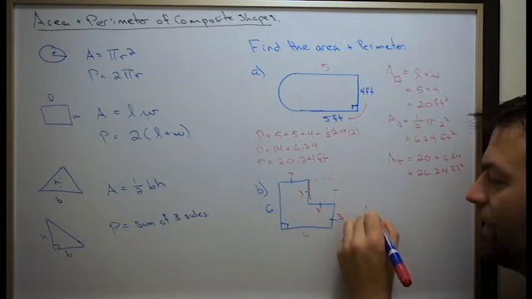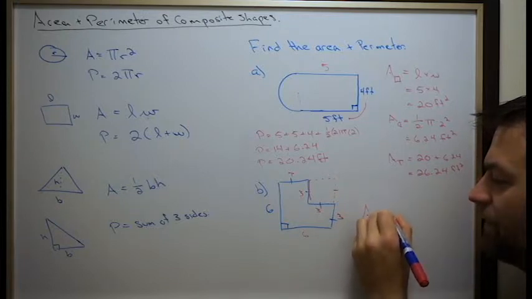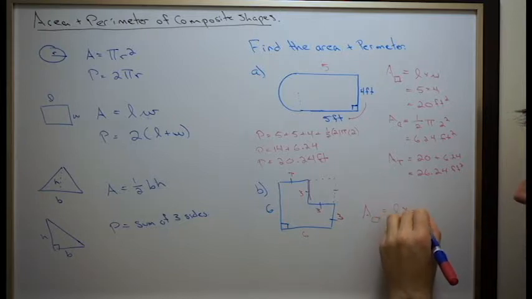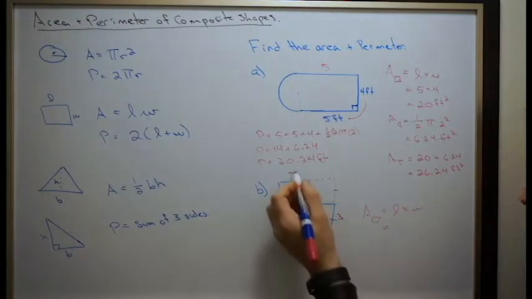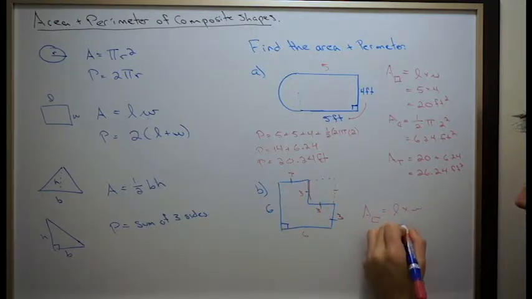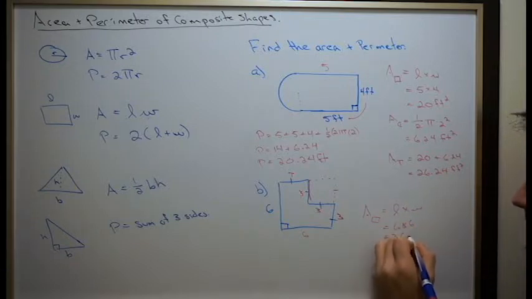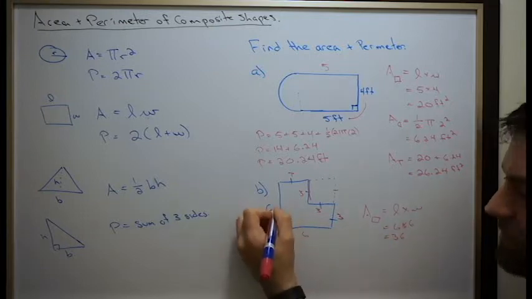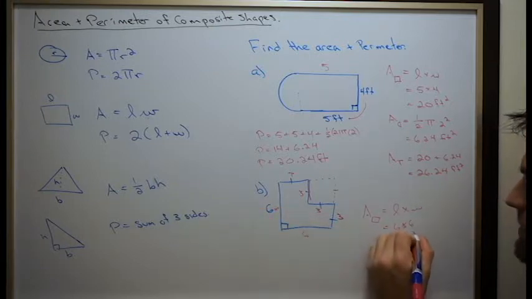So now we can find the area of this. I'm going to do the area of the whole box, and it's going to be length times width, which is going to be 6 times 6, or 36. And I guess we put some meters in there for a unit, meters squared.